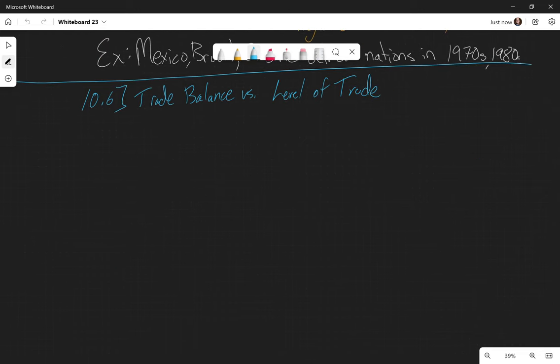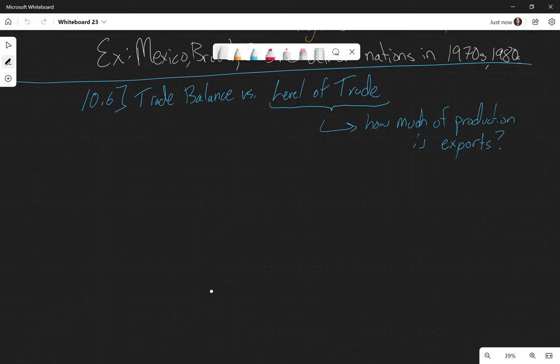So when we talk about the level of trade, this is telling us how much of its production are exports. So this is a separate thing, right?